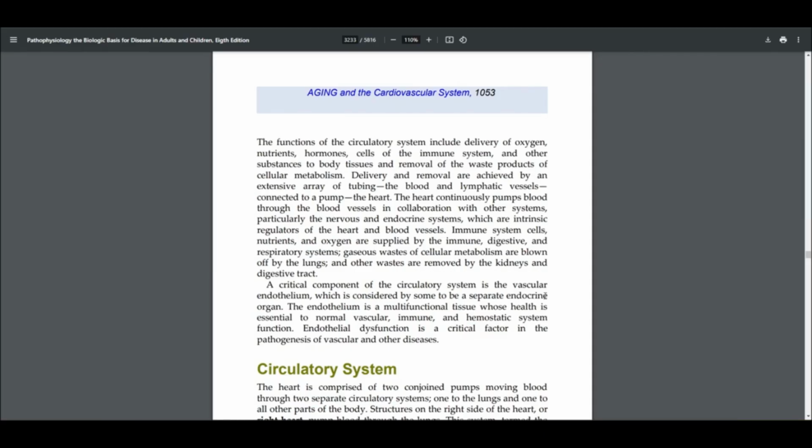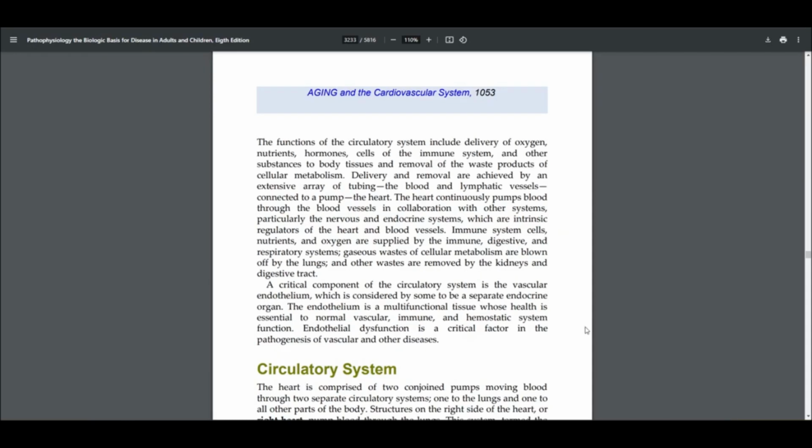Immune system cells, nutrients, and oxygen are supplied by the immune, digestive, and respiratory systems. Gaseous wastes of cellular metabolism are blown off by the lungs, and other wastes are removed by the kidneys and digestive tract. A critical component of the circulatory system is the vascular endothelium, which is considered by some to be a separate endocrine organ.